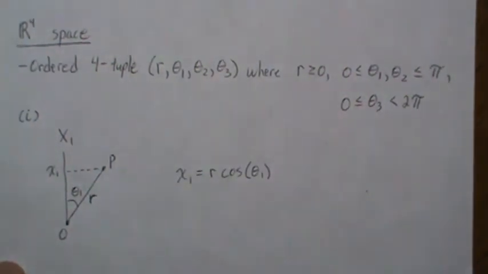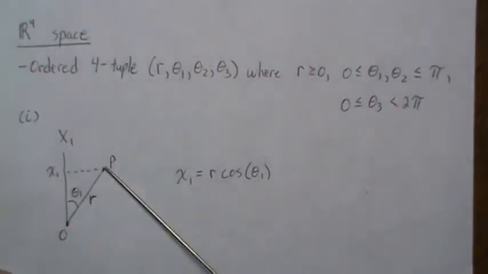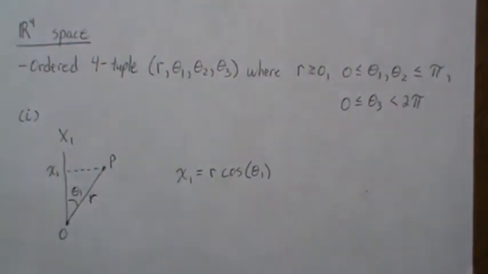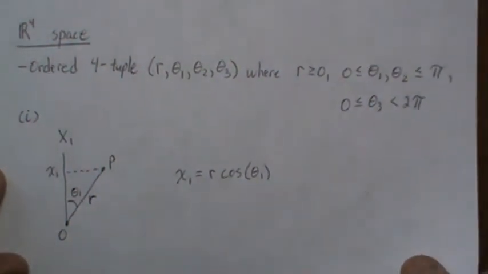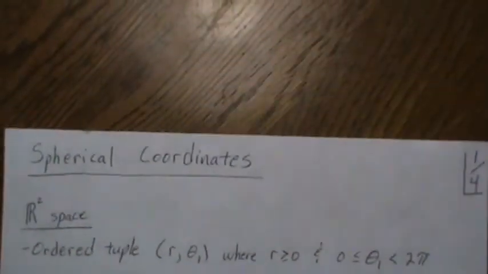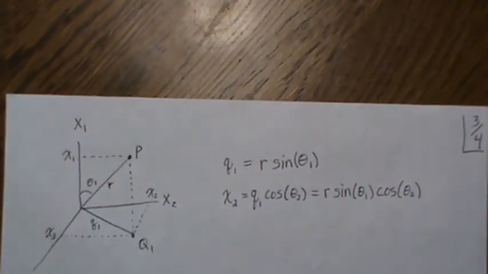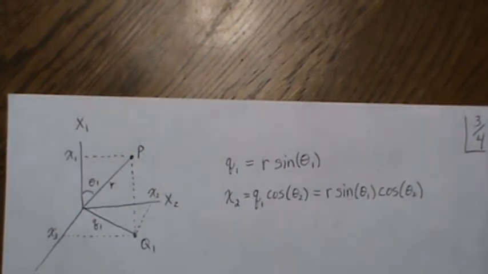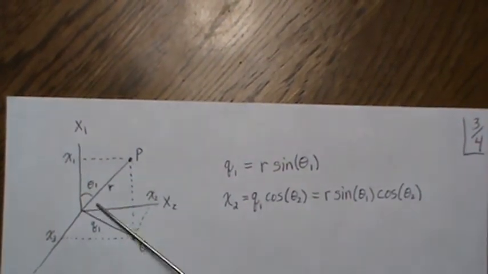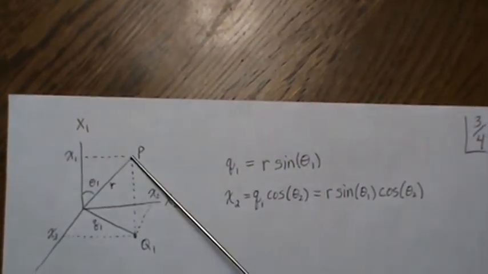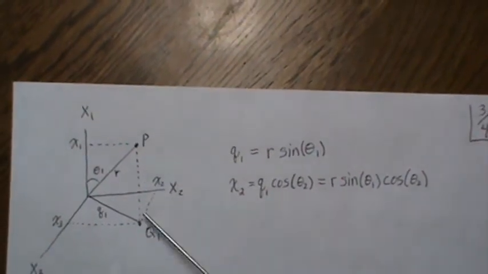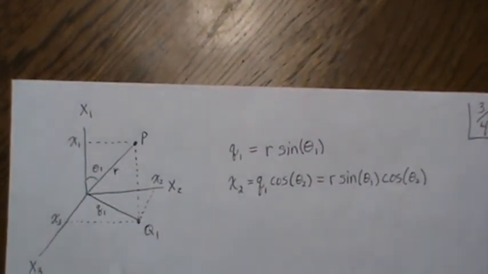Now this is in 4 space, you can't really graph it. So what we're going to do is take this and project it down onto x2 and x3. So this is the next picture. This piece is from what we did on the last page. Now we're projecting it down into x2 and x3.